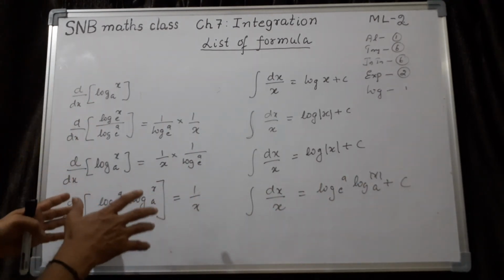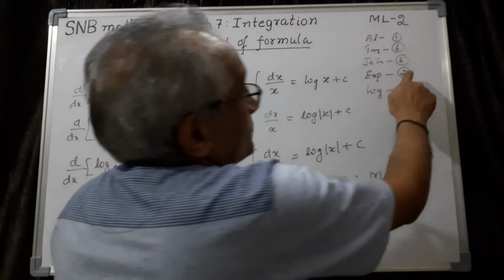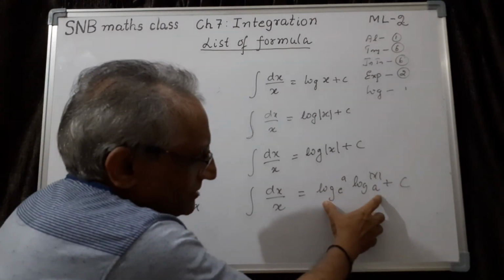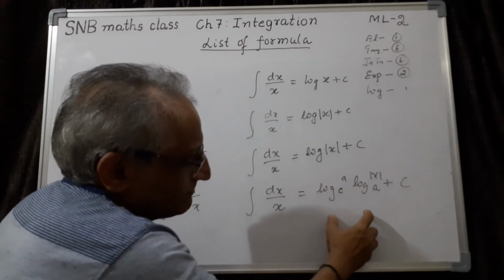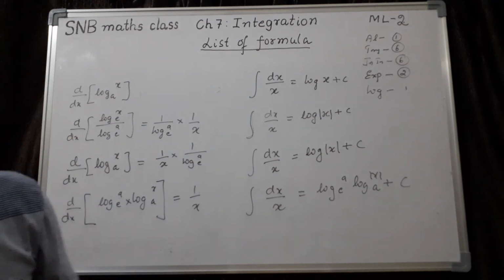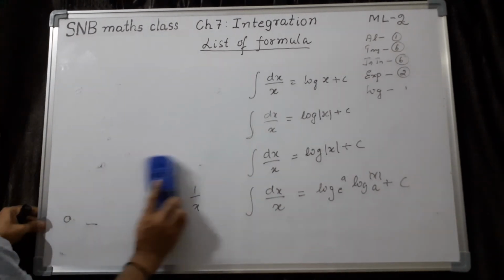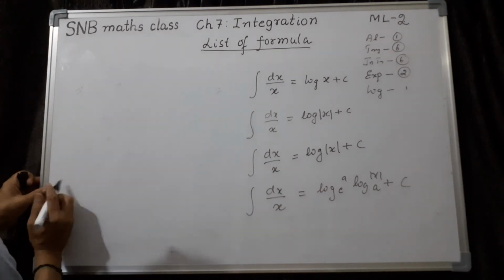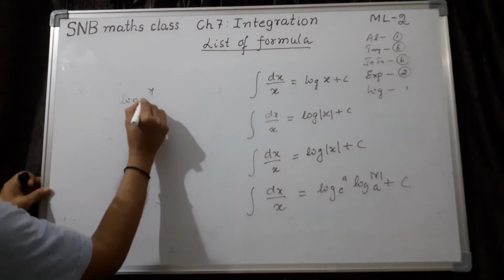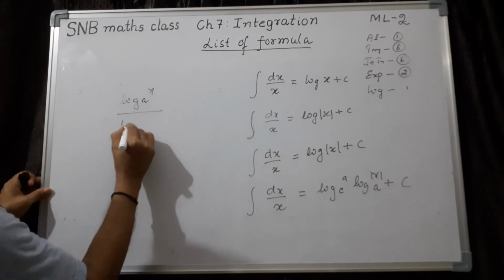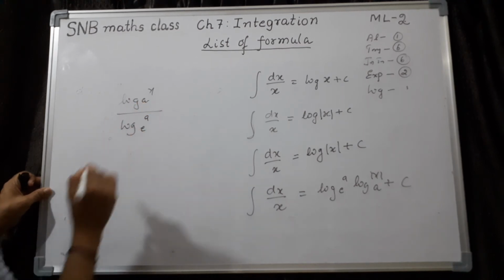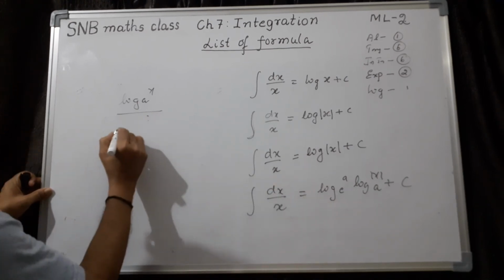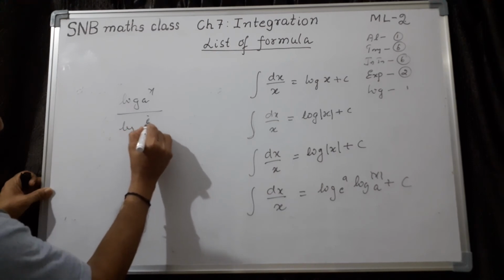Therefore, why I made this clear, because here there are two cases, but here there is only one case, because this is as good as saying when you change the base you will get this one. If you take log x to the base a divided by log a to the base e, so sorry, if you take this below, it is log e to the base a.